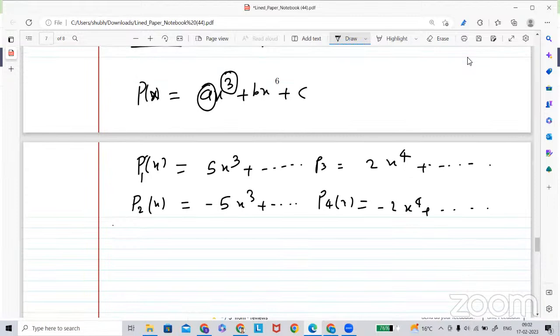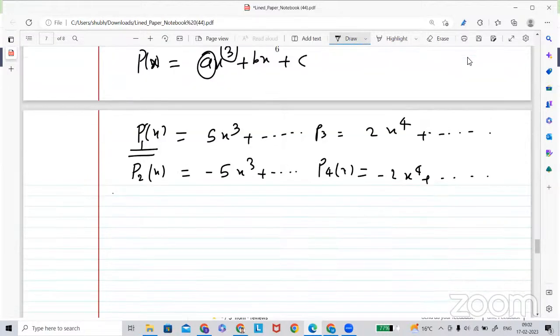Yes, sir. So the polynomial mainly depends on the degree and this coefficient. Why? Because you can think, suppose you have a polynomial, let's say 5x square plus 1, or let's say 5x square plus 2x.